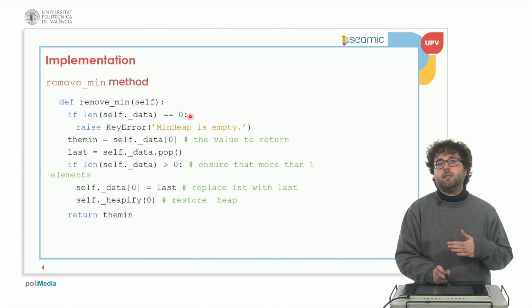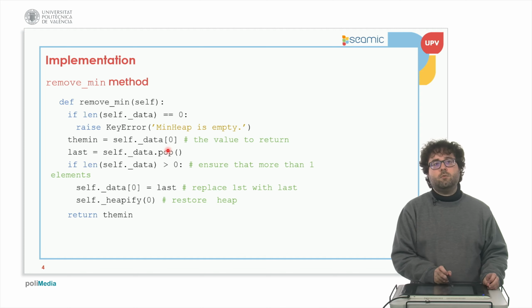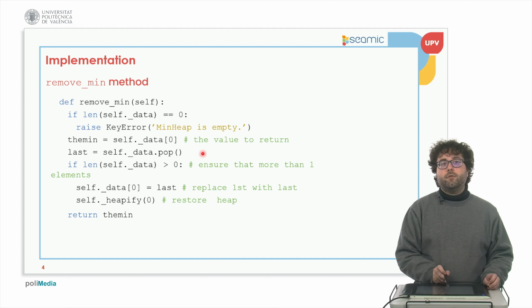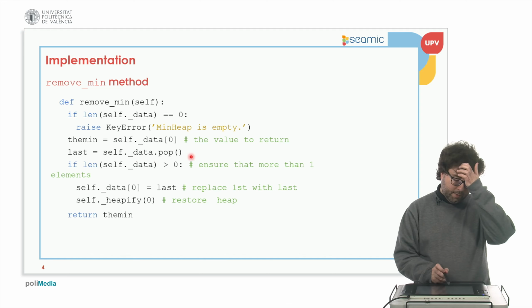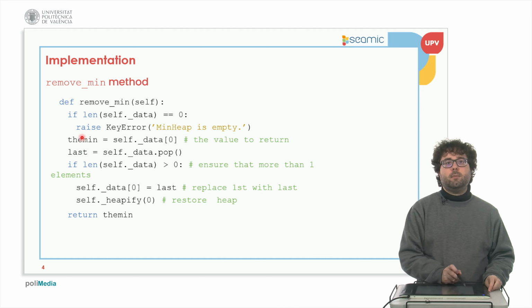If it is, we raise an error. Then we compute which is the minimum. In this case, we store it in a variable, value. We remove that one, and we store the value because we need to return it at the end of all.